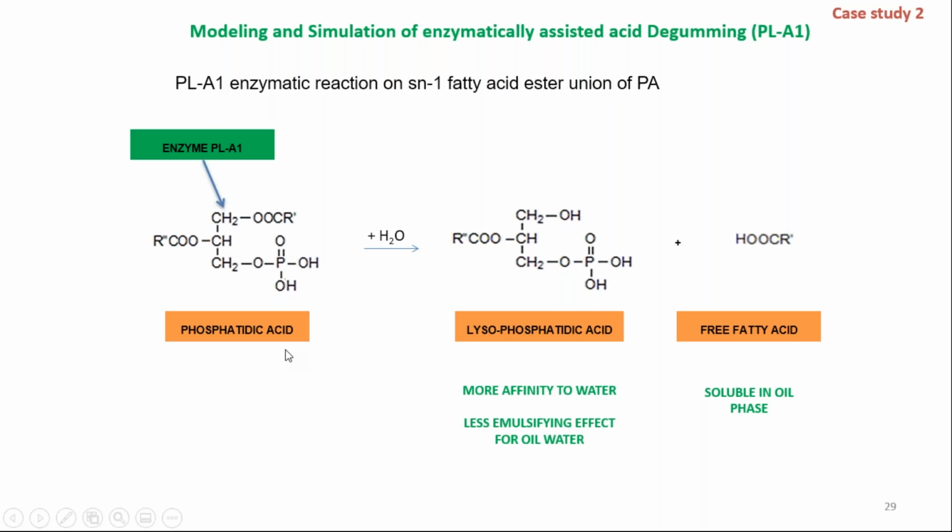And in terms of the process, the good thing is that this new type of phospholipid, the lysophosphatidic acid, is much more soluble in water, and of course it has a lesser emulsifying effect of oil and water.